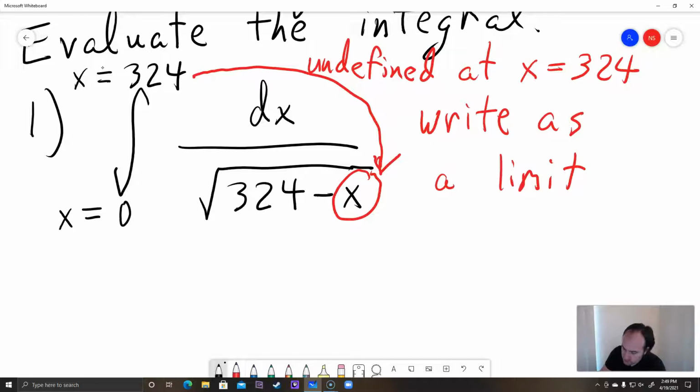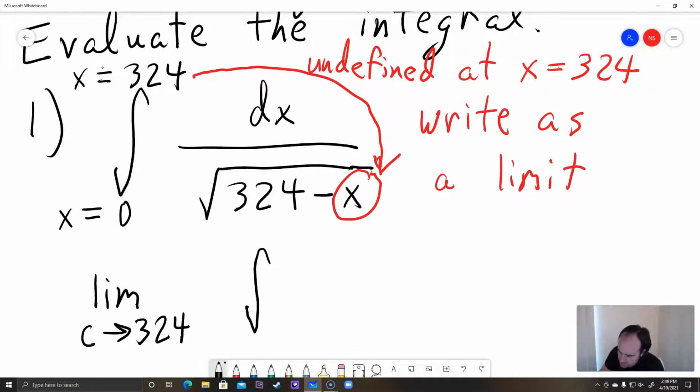So we write it as the limit as c goes to 324 of the integral from x equals 0 to x equals c.